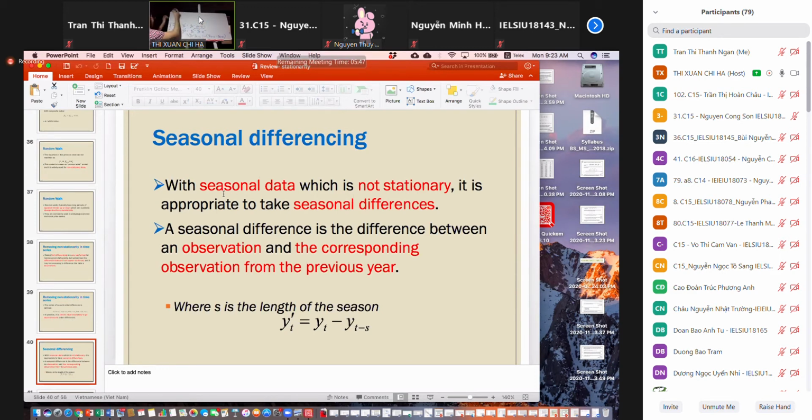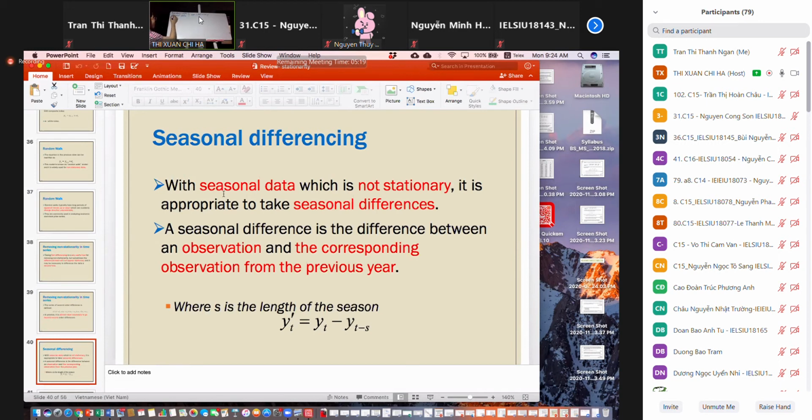So the first is the random walk, right? And another is the seasonal. Seasonal data is non-stationary, so we also take the difference.